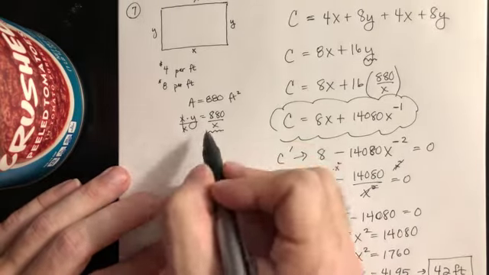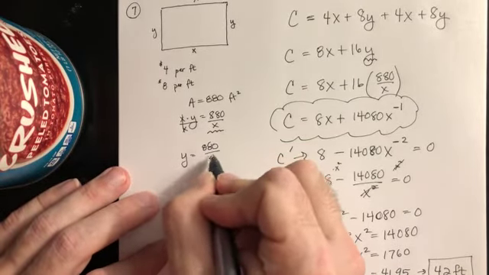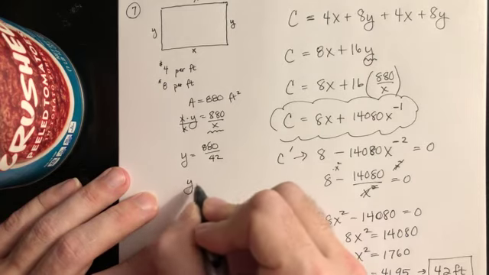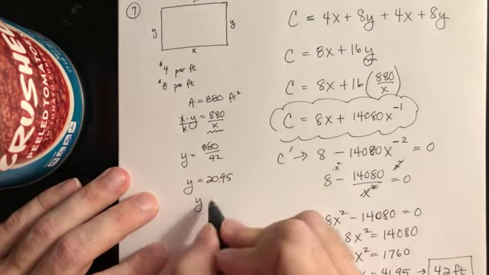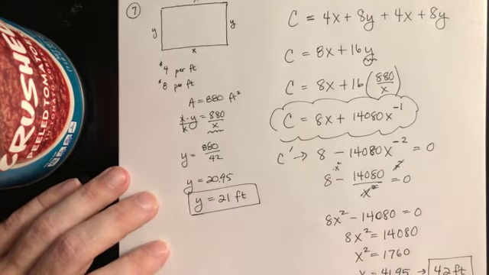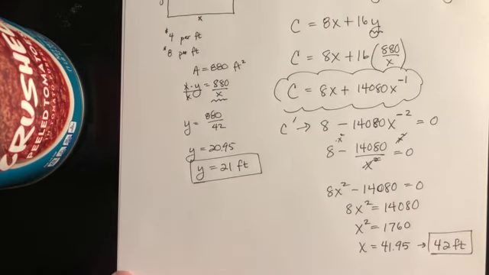The other dimension you'll plug into here, and you get y equal to 880 divided by 42. And that is 20.95. So that's going to round to 21 feet. All right, those are the dimensions that will give you the minimum cost for this fence.